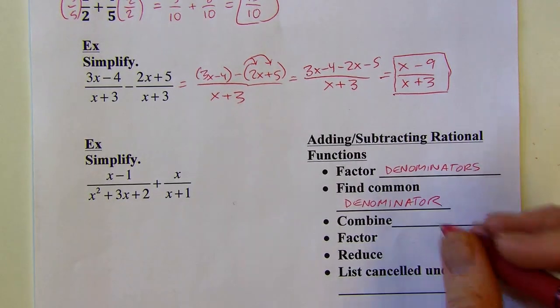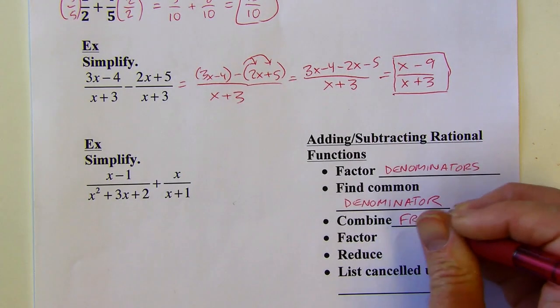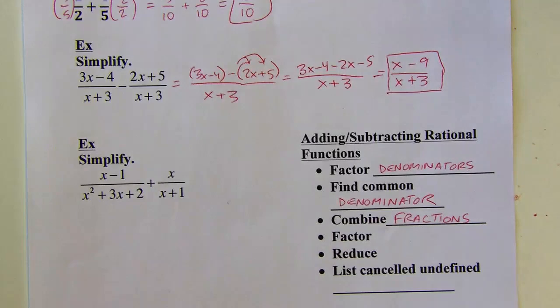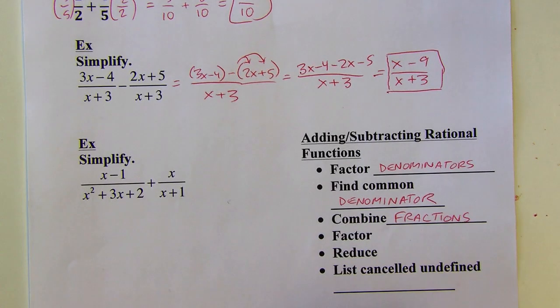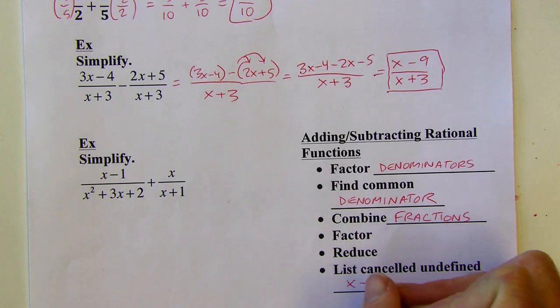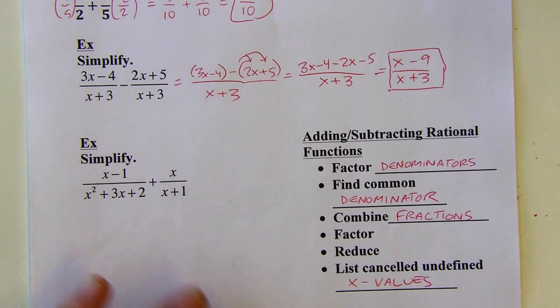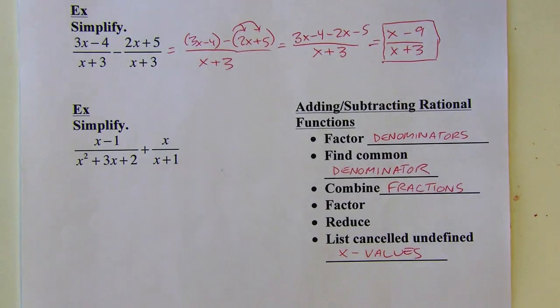All right, and we're always going to have multiple fractions, so we're going to combine those fractions. And then we'll factor again because it's possible that we can reduce. And then we're also going to list the canceled undefined x values. And I'll get to that in these examples coming up. But there's our basic strategy for these problems, okay?